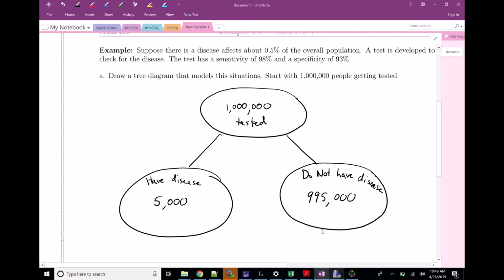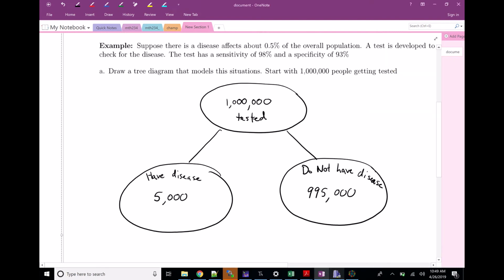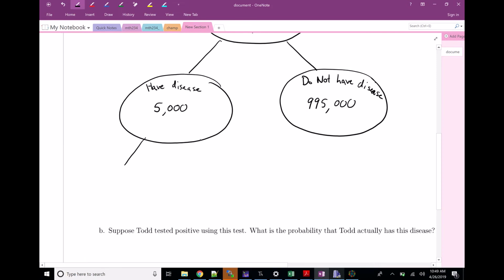And now we need to go ahead and break it down one more time. For the people who have the disease, this is where we're going to be using our sensitivity. And we can break this down into our true positives and our false negatives.